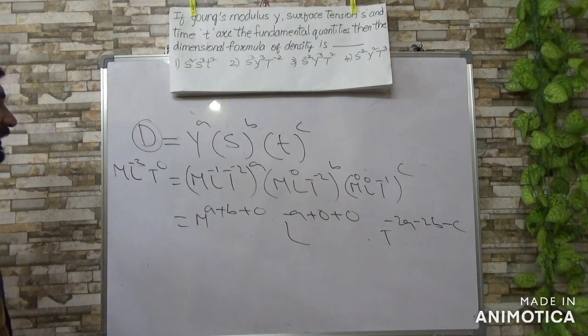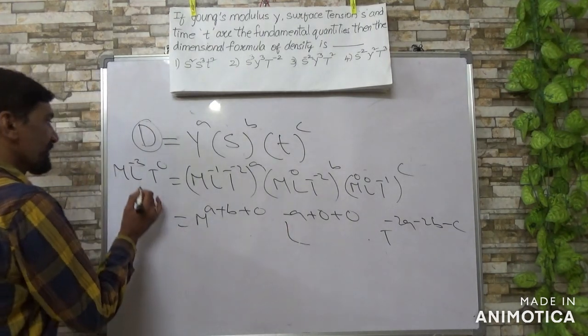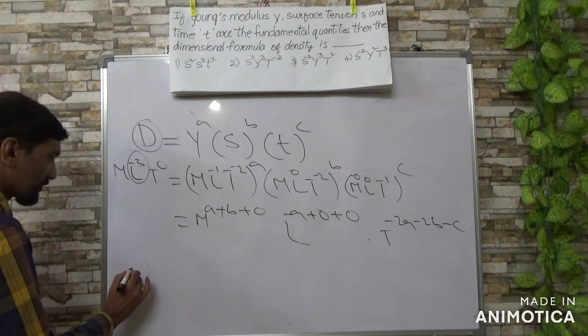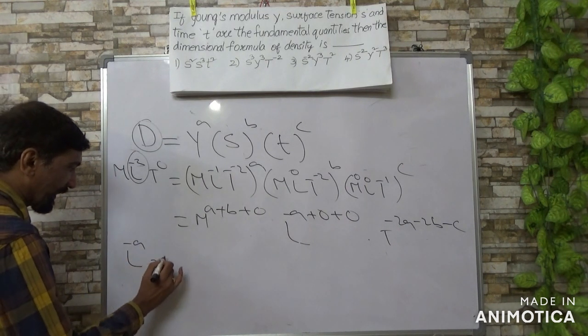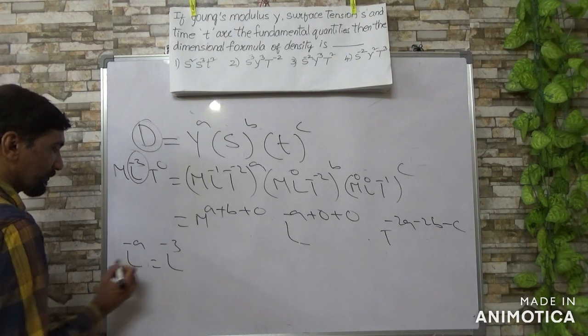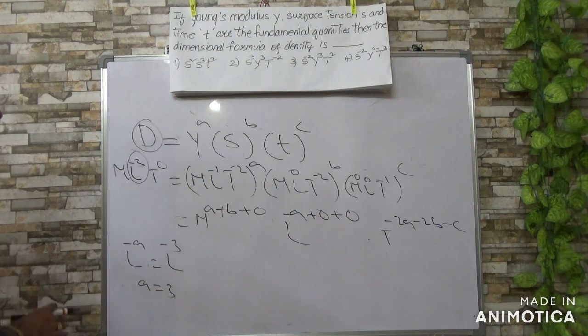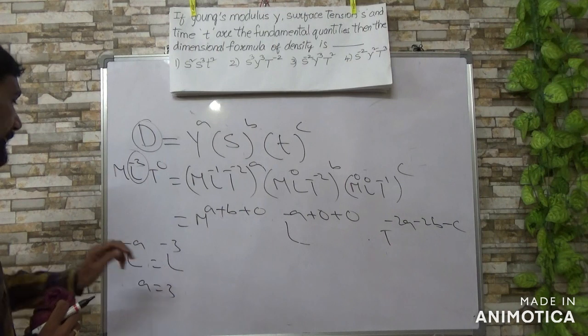So it's very clear. L power minus A you can straight away equate to minus 3. That means L power minus A equals L power minus 3, so A becomes 3. Now check these options. A value is 3.